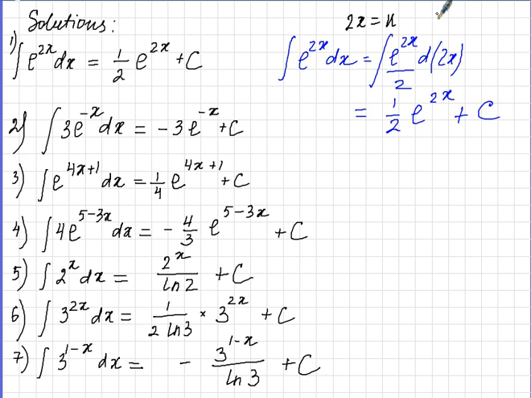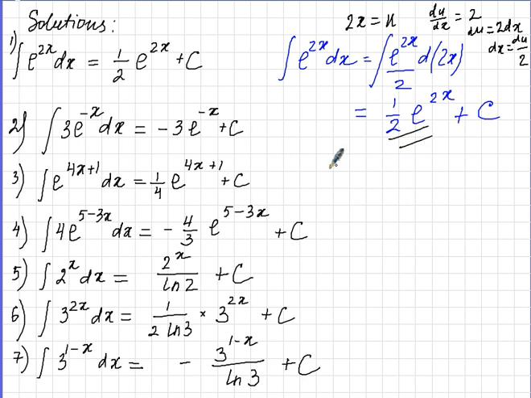Therefore, differentiating both parts by dx, we are getting du by dx equals 2. So therefore, dx is equal to du over 2. Or simply, we can change this variable x into 2x, but of course we have to divide by 2 to compensate for this 2. So we have now e to the power of 2x by d2x over 2, and here we are getting our result easily, okay?